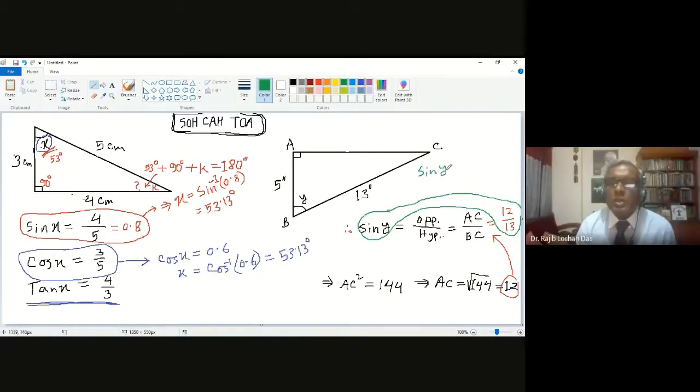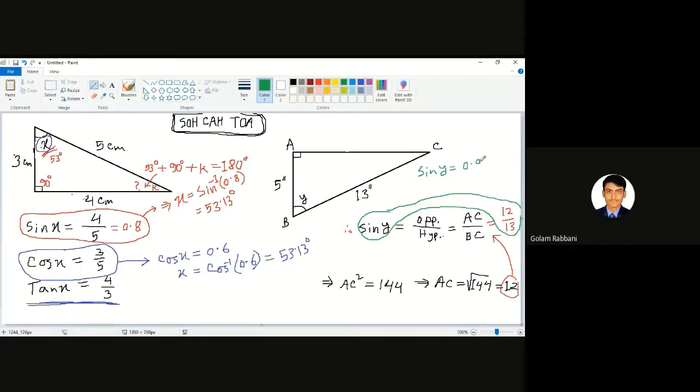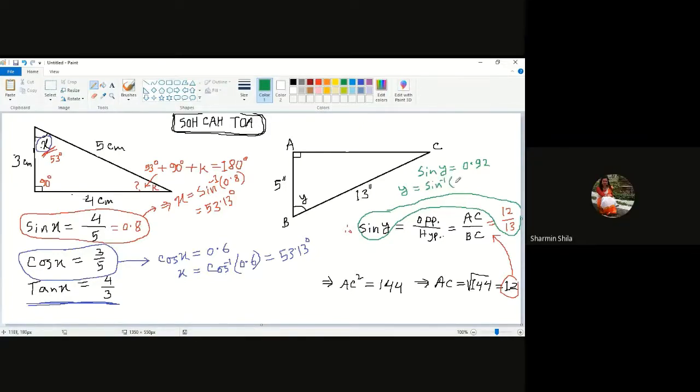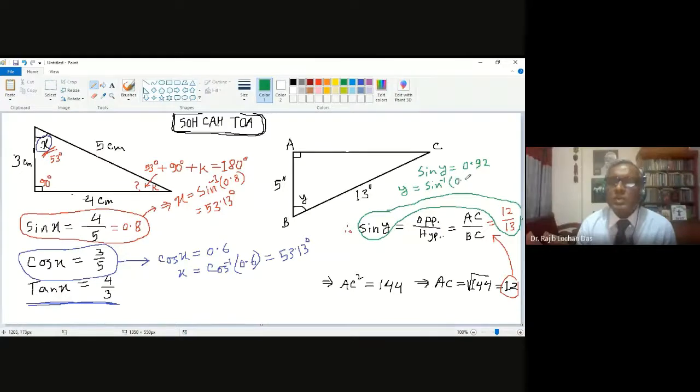Sine y equal to 12 by 13, which means 0.92. Then what will be y? Sine inverse 0.92, so it will be 66.9, so 67 degree.